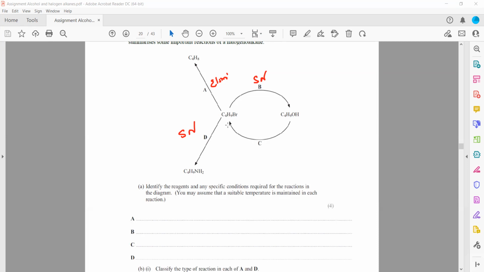That's D, I was talking about D, not B. So for B, because we want to produce alcohol from halogenoalkane, this should be in aqueous medium. And the last, for C, converting alcohol into halogenoalkane, we should use sodium bromide, or a mixture of sulfuric acid and sodium bromide, so it will produce hydrogen bromide, and that can further undergo a substitution reaction. And the last one, alcoholic ammonia.